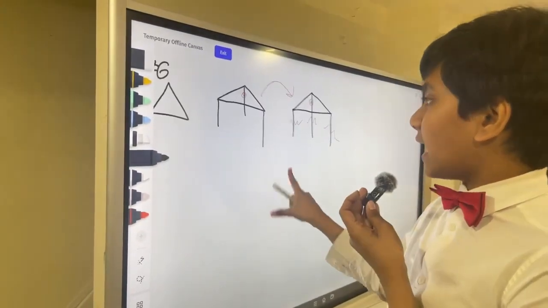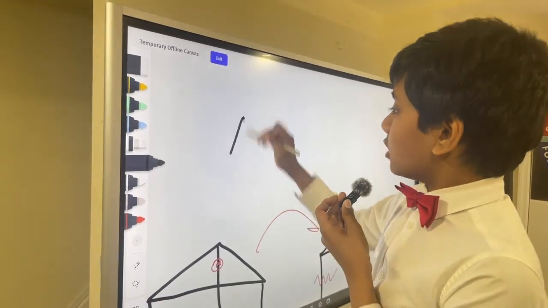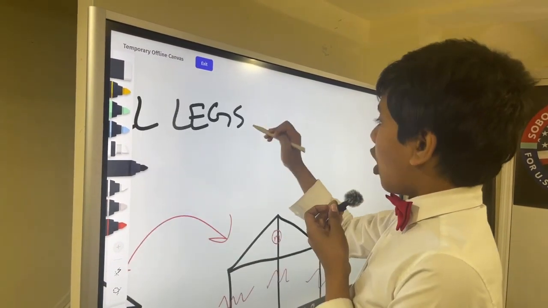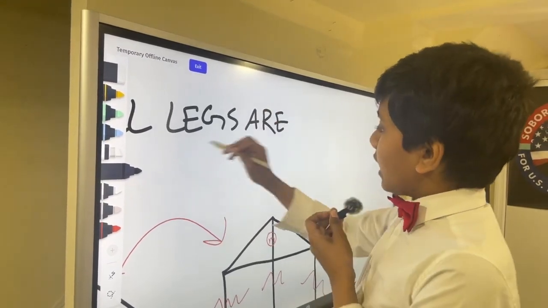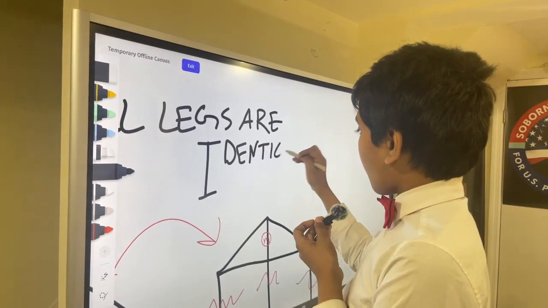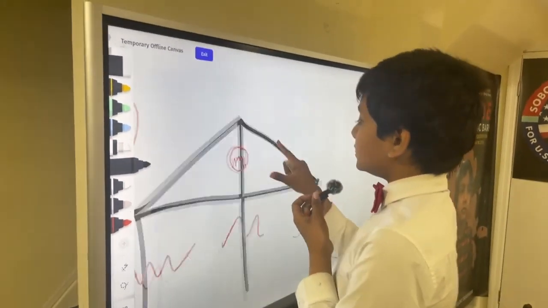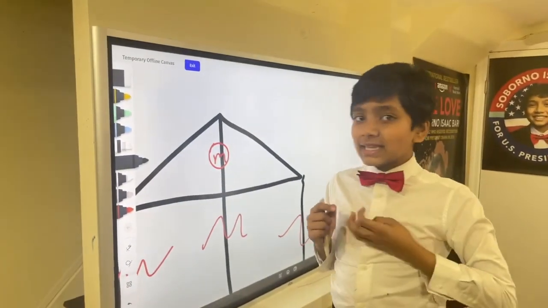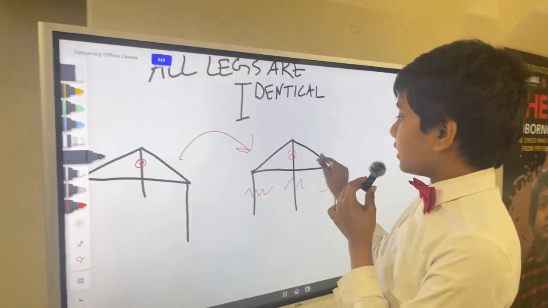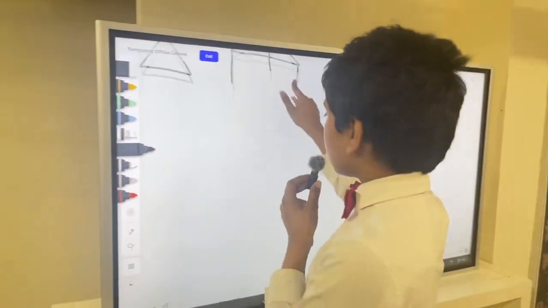So, with that said, and the knowledge that all legs are identical. Oh yeah, and the knowledge that if you have any mass less than m and put it in the center, none of the legs will break, then what is the largest?